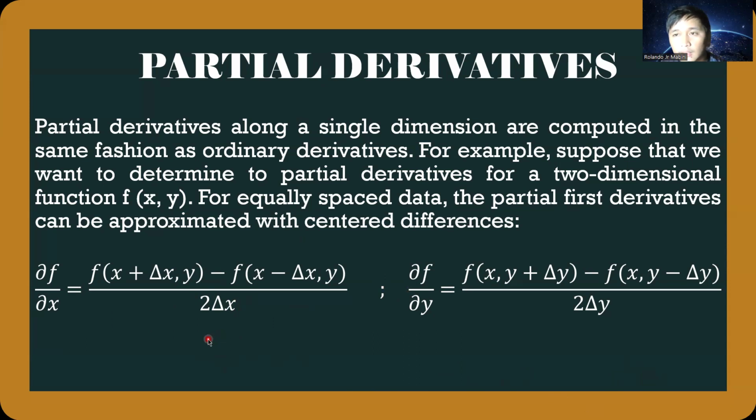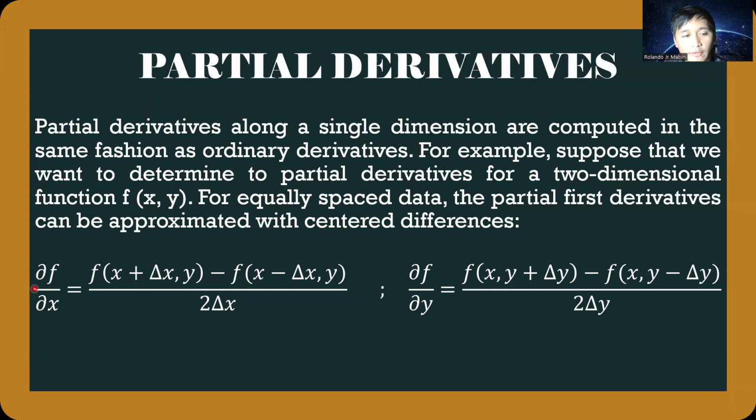The partial derivative is denoted by this sign, the partial sign. If we are going to use this, it means this Greek alphabet that we are differentiating partially. So from the word itself, partial derivatives, derivating partially.